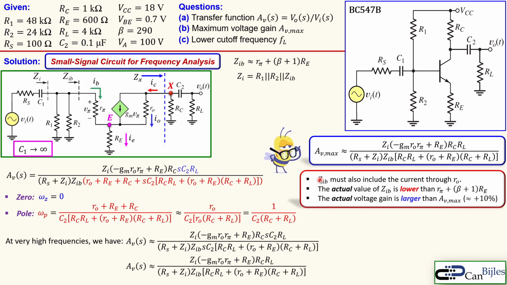So again, summary: ZIB must also include the current through RO. We haven't taken that into account, so that is an error. The actual value is then lower than the R pi plus beta plus 1 times the RE, and the error here in this case could be approximately 10%, maybe a little bit less, but approximately 10% error here. So we have a larger voltage gain than the equation here.